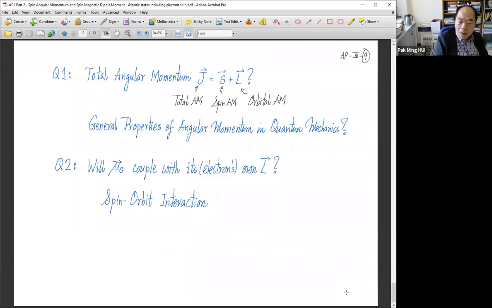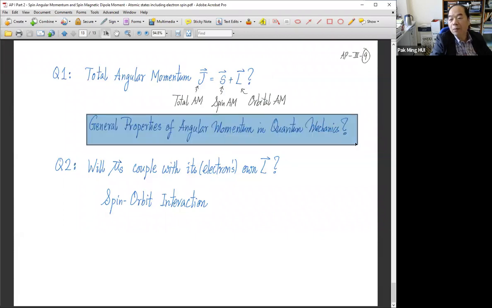For question number 1, does it make sense or do any good to define the total? A better way to appreciate and to answer this question is to learn something about the general properties of angular momentum in quantum mechanics. That will be the next section.